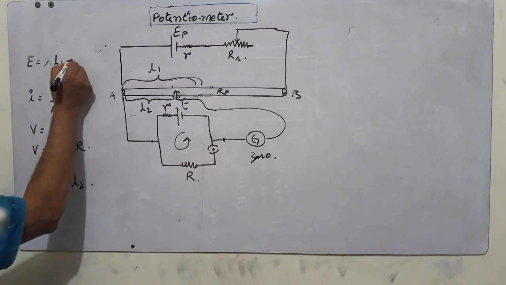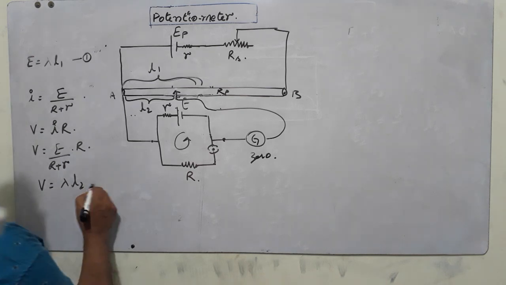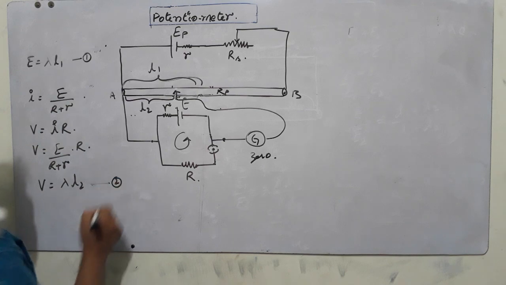As we have already taken the first equation, E is equal to lambda L1, and the second equation, V is equal to lambda L2. And now I am dividing equation 1 by equation 2.